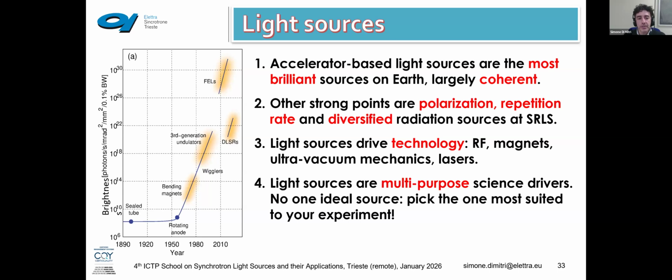And this has to do with different kinds of processes that you can drive in your sample. So this polarization can be manipulated into a series of different states, linear, horizontal, vertical, circular, elliptical, and so on, by manipulating the geometry of your undulator, for example.